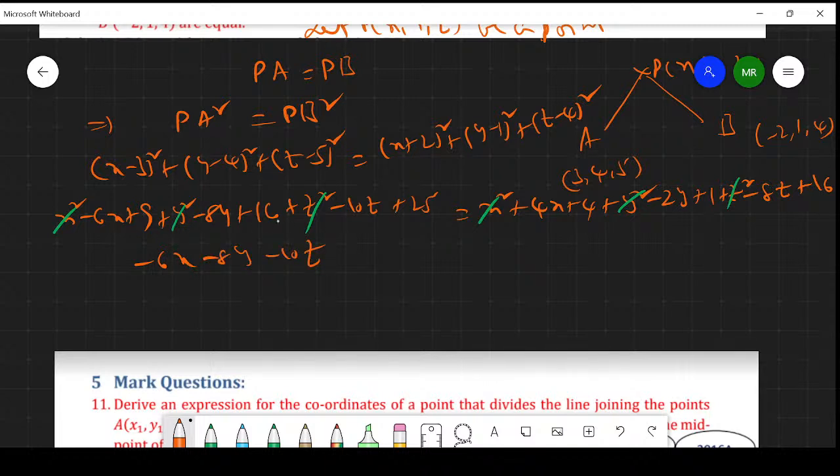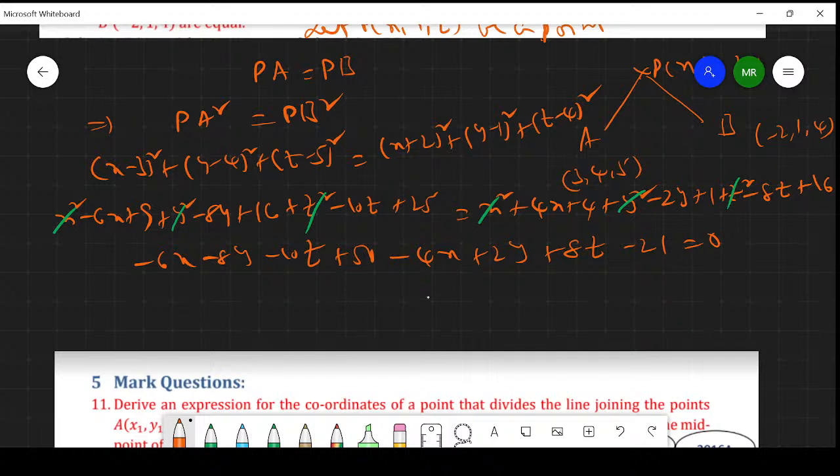This is 9 plus 16, 25, 25, this is 50 on this side. And minus 4x transferring this side, plus 2y plus 8z. This side constant we have 4 plus 1, 5, 5 plus 16, 21. Minus 21 I can transfer this side.